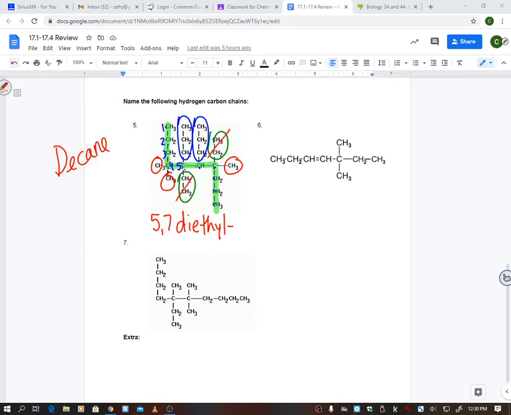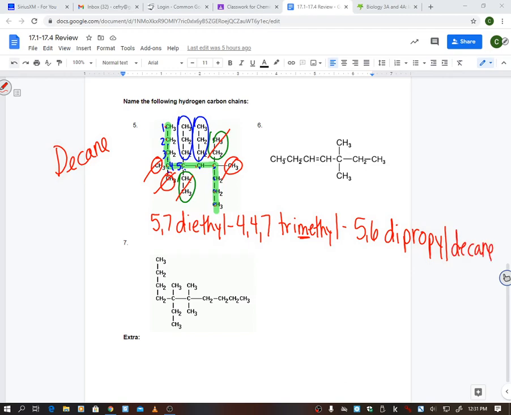So I have 4, 4, 4, trimethyl. Now when I do alphabet, I do not use the T. I'm using that M. And now I'm going to do my propyls. It is 5, 6, dipropyl. And then you can put the ending, decane.